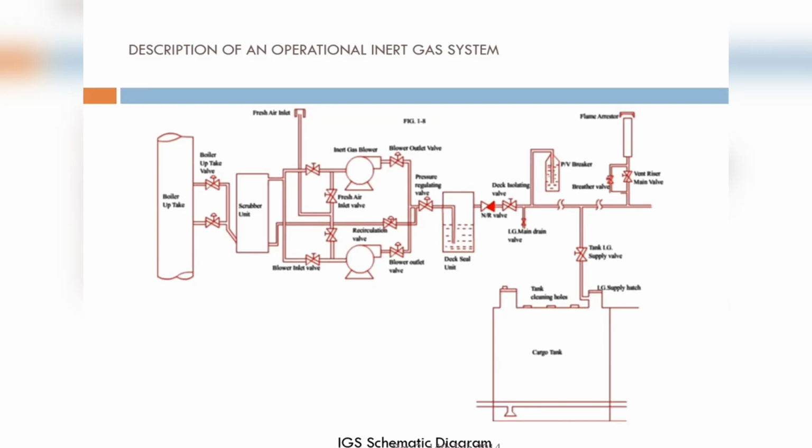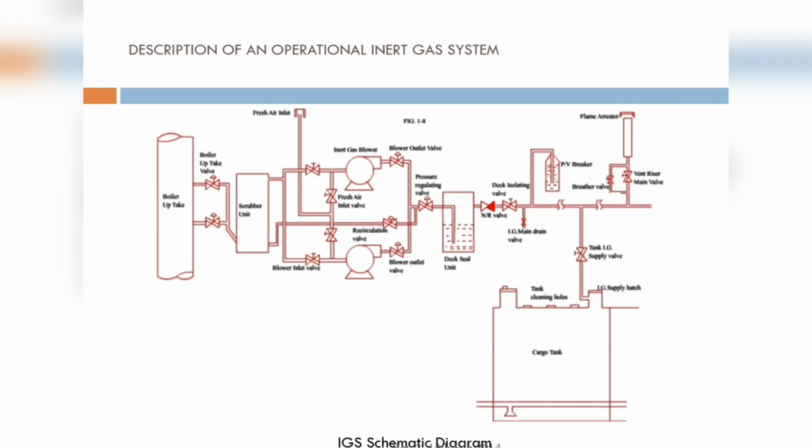0.5 bar is quite a lot of pressure. The cargo tank might rupture at approximately 0.5 bar of pressure, and 1000 mm water gauge is equivalent to 0.1 bar. That is why we cannot exceed such a sensitive pressure.